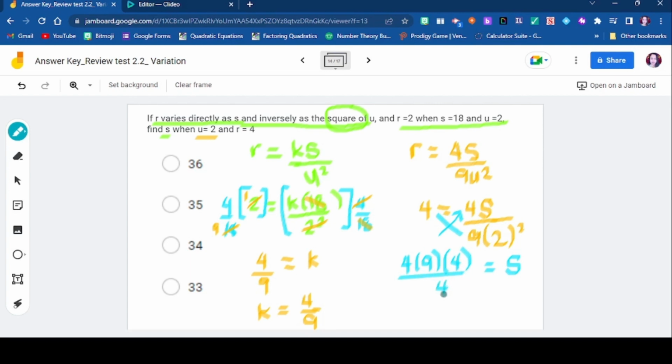Why is it S is not being transferred in the denominator part? It's because this is the quantity that we are looking for. So we just retain S in the left hand side. So now we are ready to use cancellation method. So cancel 4 and 4. What is left is 9 times 4. So therefore, our S is equivalent to 36. Okay, and the answer is the first option.